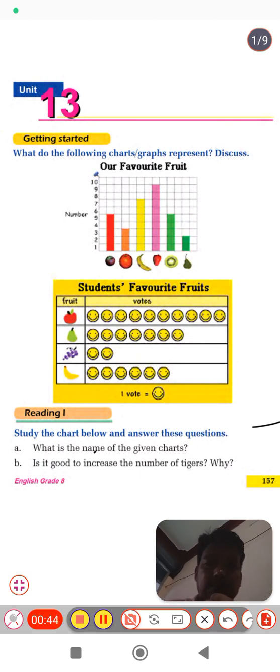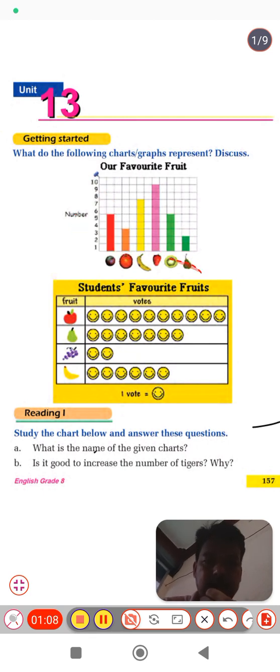What do the following charts and graphs represent? Discuss. You have to guess and say about the charts. What is the chart all about? As you can guess, students, it's a bar chart.